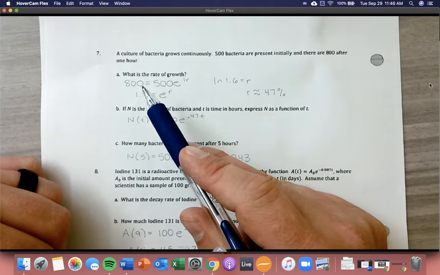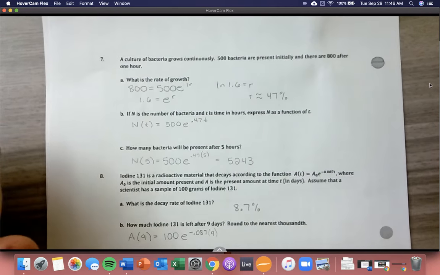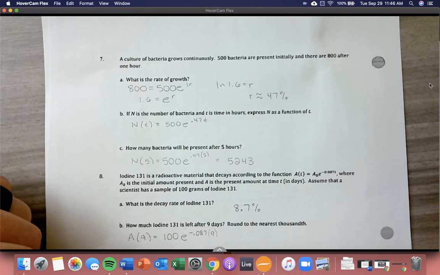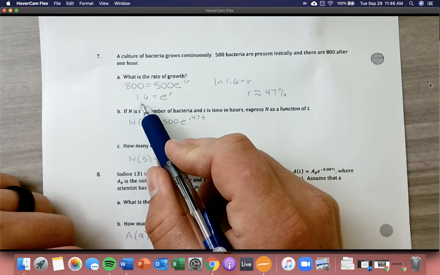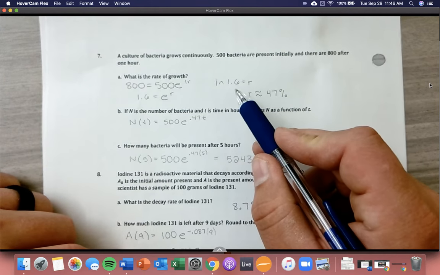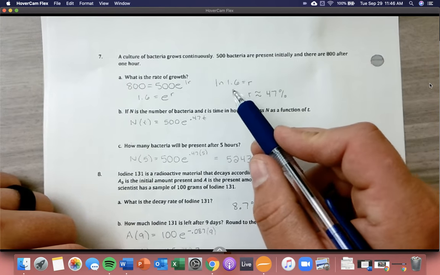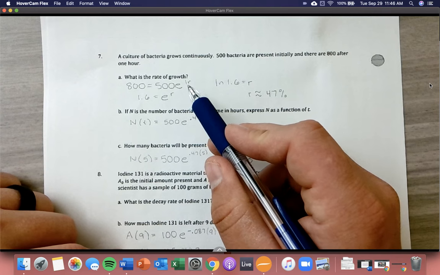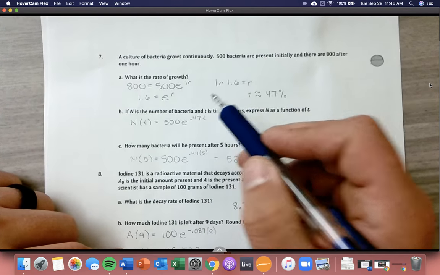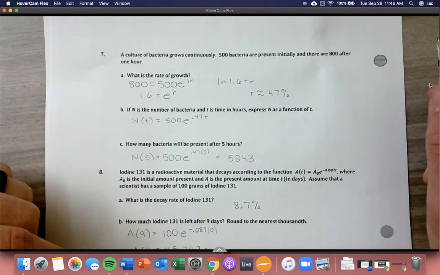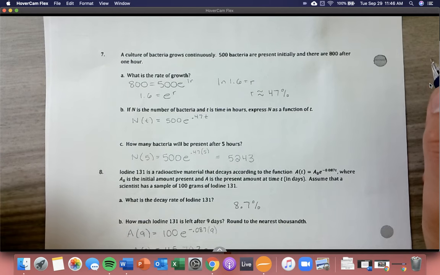So we have 800 = 500 e^(1r). We can divide this 500 over, and we get 1.6. We can convert it to our natural log. Because the time was just 1, 1 times r is just r, so we don't have to divide the natural log by anything. We end up getting roughly 47%.